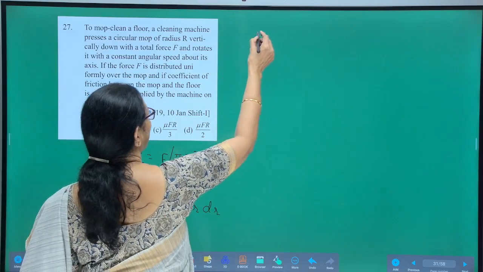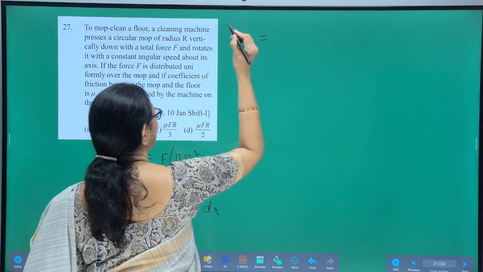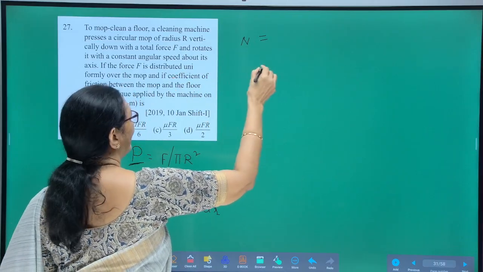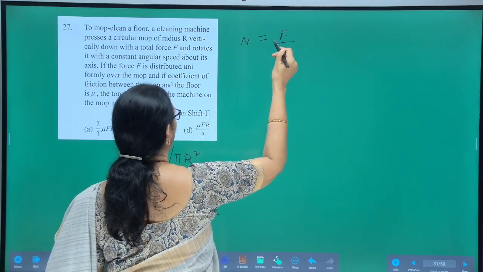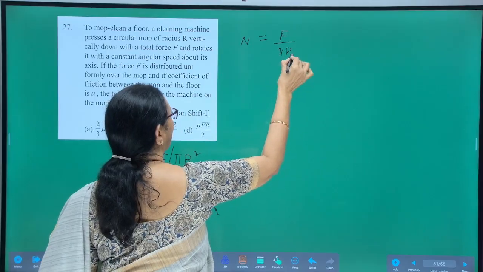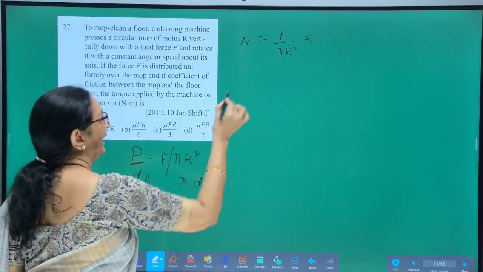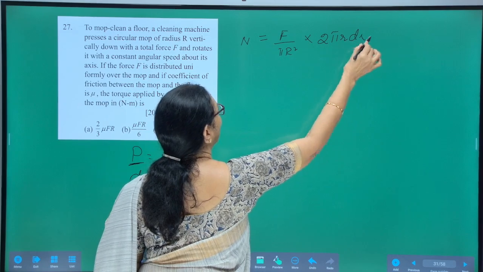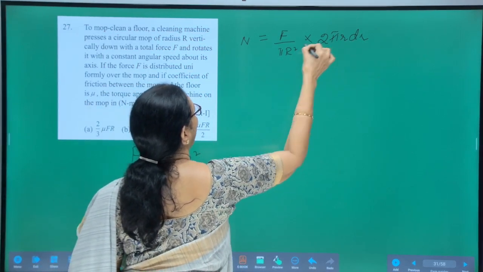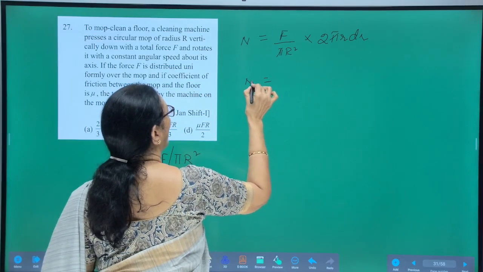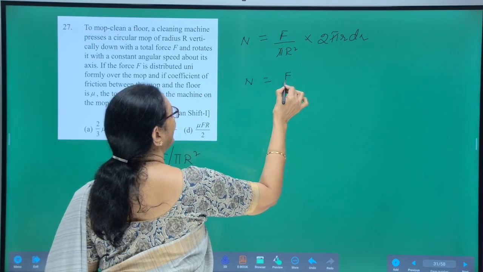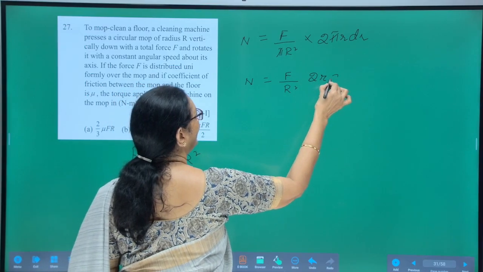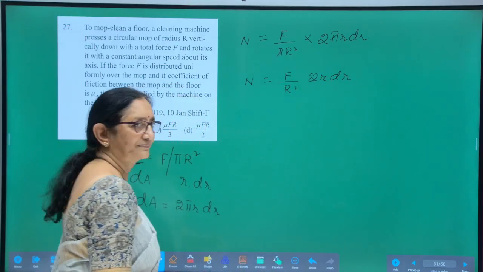So, the force exerted on the annular disc, let us call that the normal reaction, is equal to F by pi r square into the area of the annular disc, 2 pi r into dr. So, pi and pi get cancelled, and the normal reaction on that annular disc becomes F by r square, 2r dr, right?